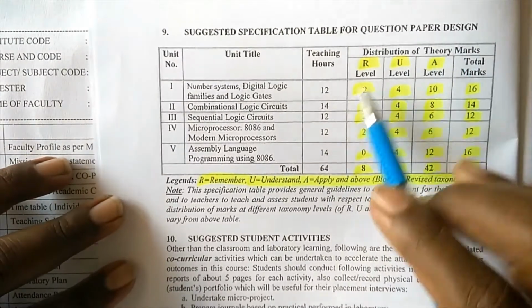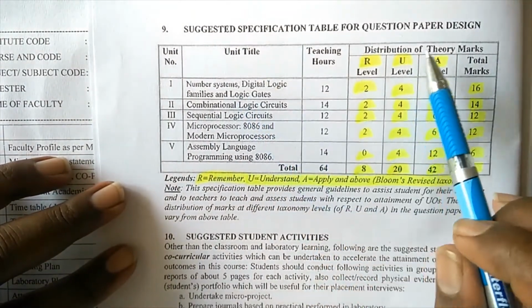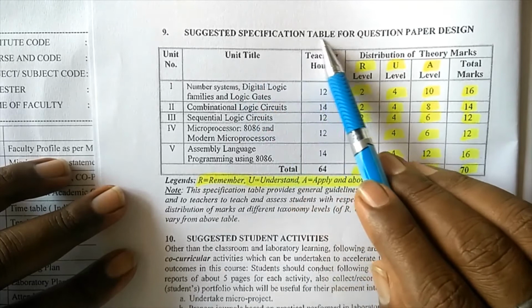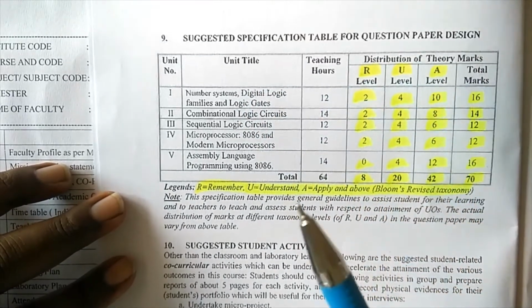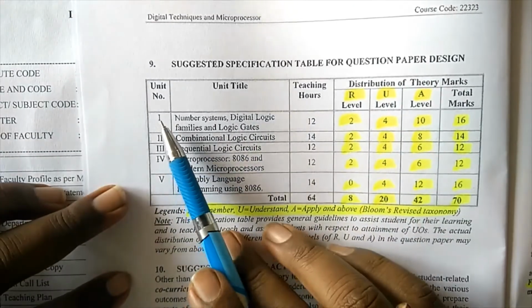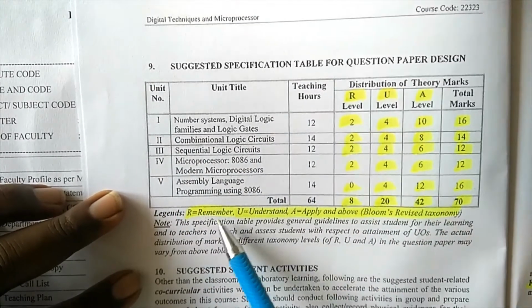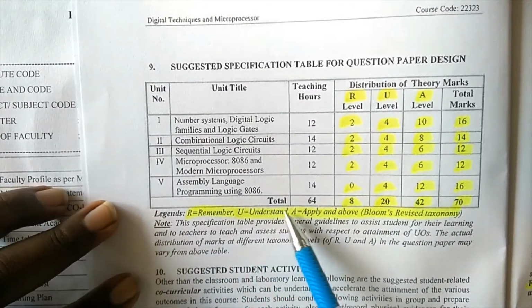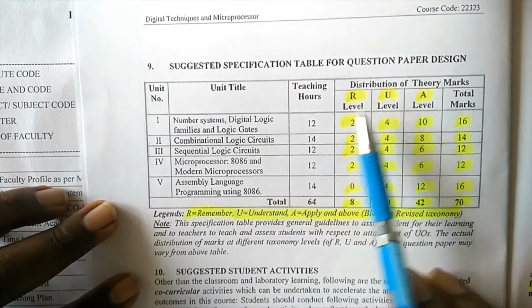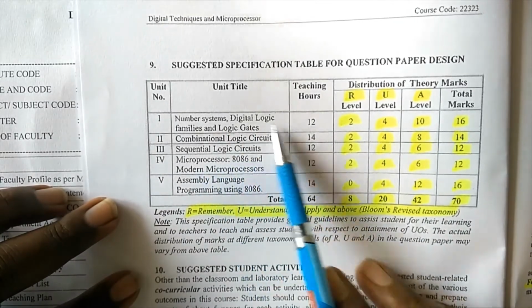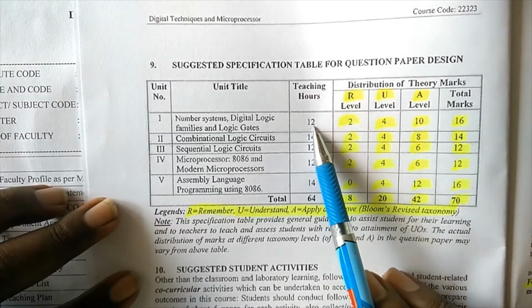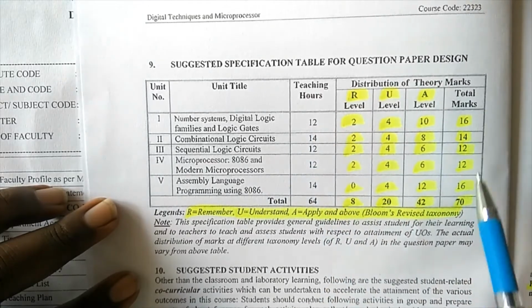Now this is the specification table for the question paper design, showing how the question paper will be. R stands for remember, U for understand, A for apply. From unit 1, logic families, questions of 16 marks will be asked in the question paper of 70 marks.